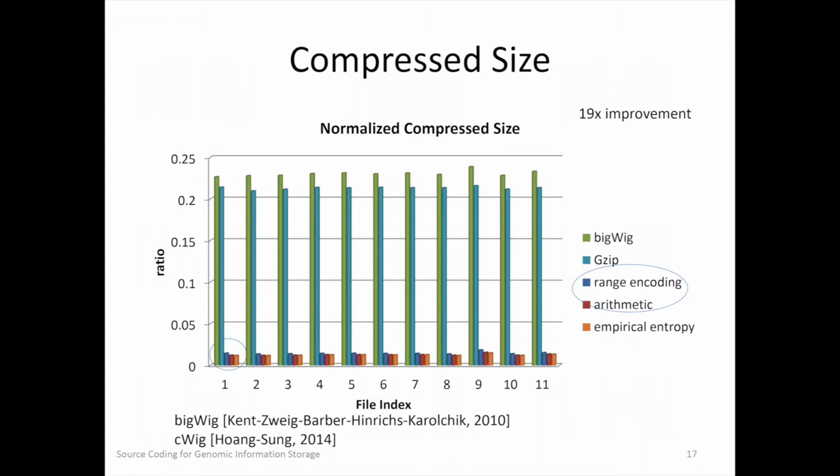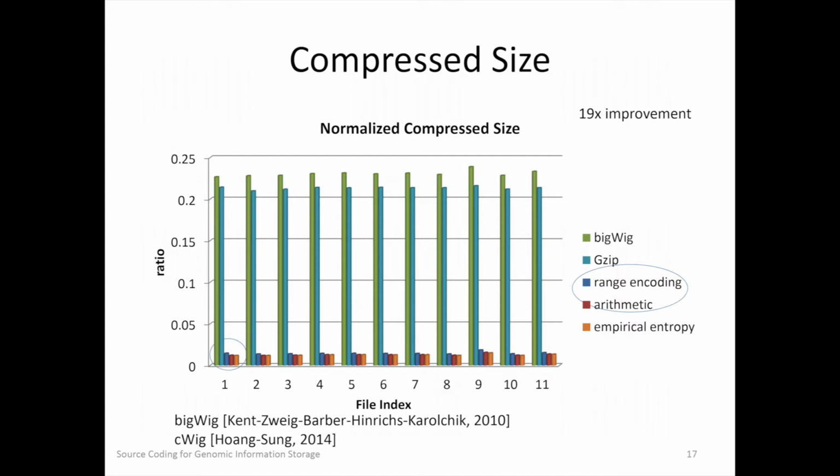The second scheme we compared with is gzip, which is based on Lempel-Ziv and Huffman, and is used in Unix and Linux systems. Our algorithms, range encoding and arithmetic code, demonstrate about 19 times improvement in terms of code rate.